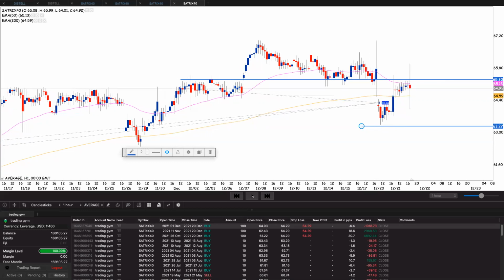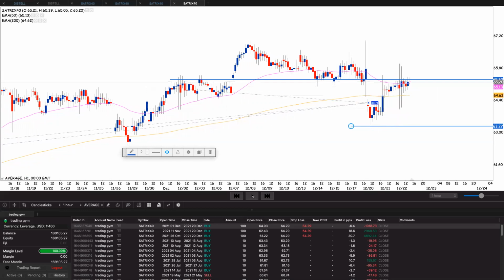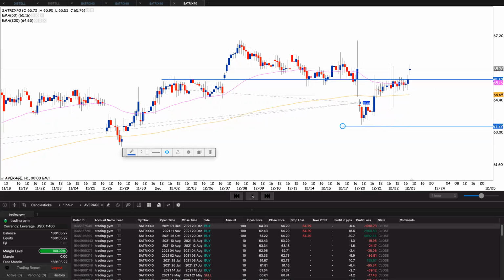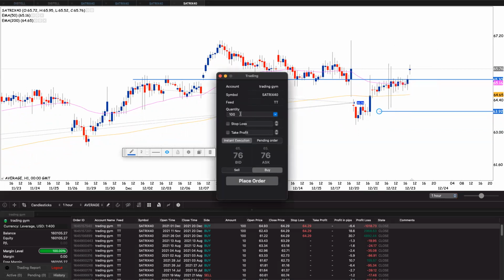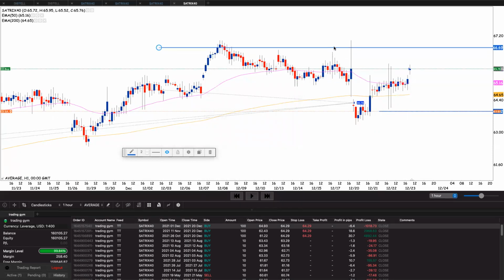See, again, well respected, well respected. There you go. So instead of that, I will reduce my risk a little bit. We'll kick it off with 93, 63.92. Start to build a position.